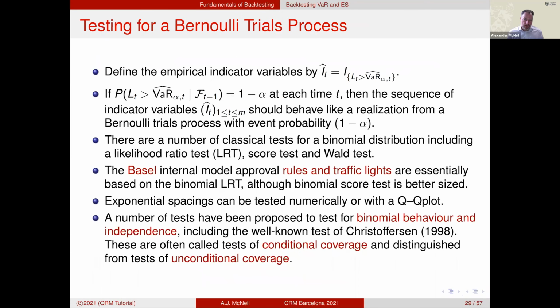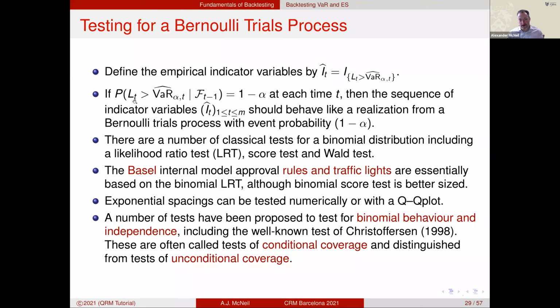Right. Now in practice, we estimate VaR. We don't know it, we estimate. So in practice, we have a sequence I_t hat, which is the indicators that the realized losses exceed our estimates. So we don't actually know VaR, we just estimate it. But we would like our sequence of estimators to have the same property.